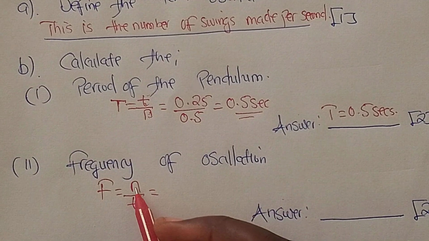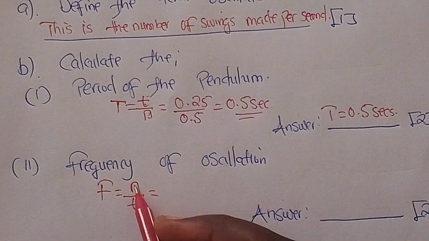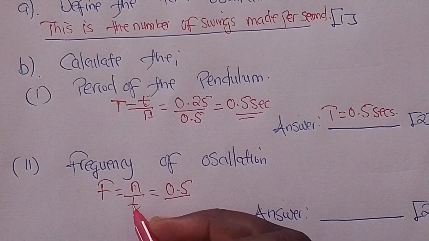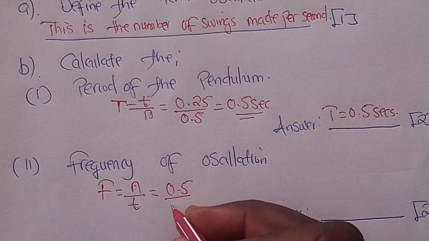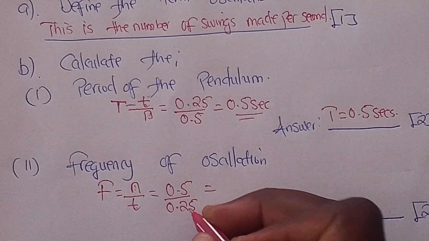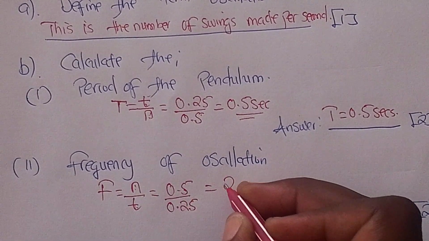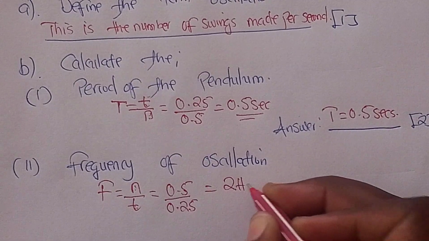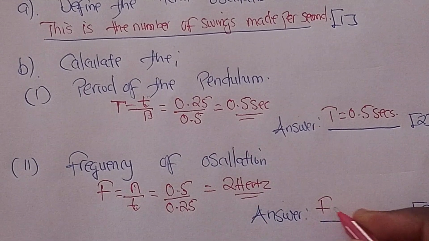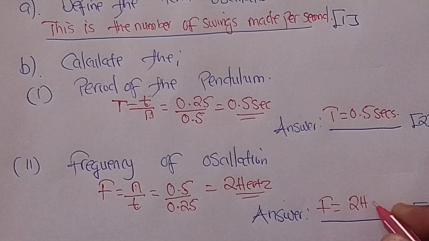What are the number of oscillations? 0.5 over what is the time taken. So for this one it is 0.25. So which means 0.25 into 0.5, we're going to get a 2. So frequency is measured in units called hertz. So therefore we're going to say frequency equals 2 hertz.